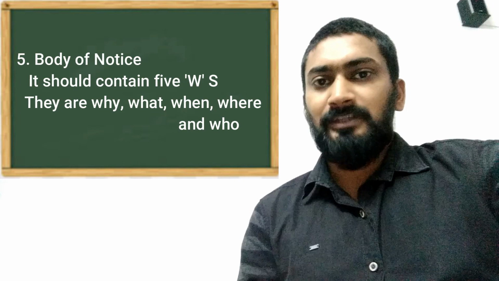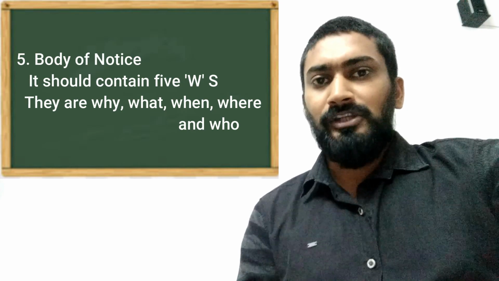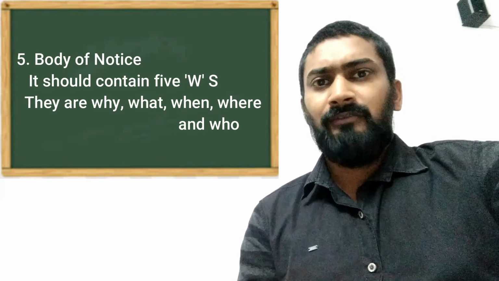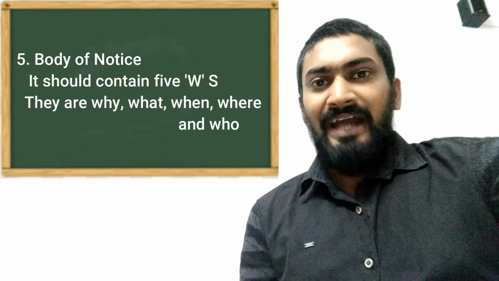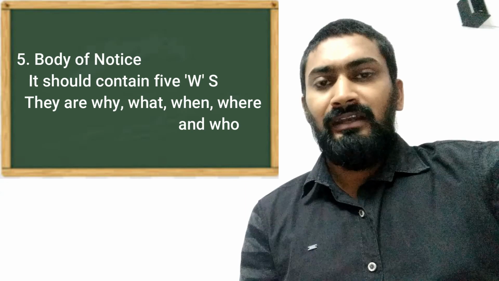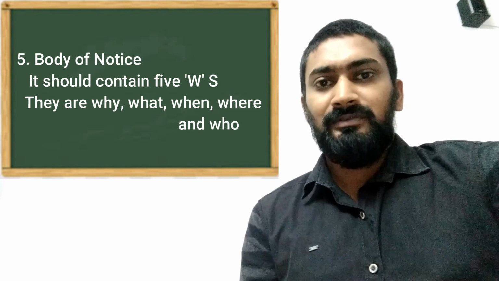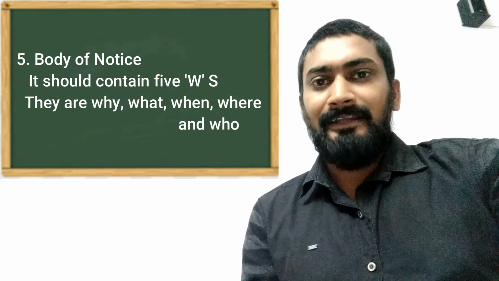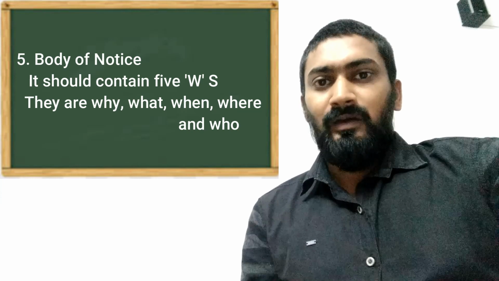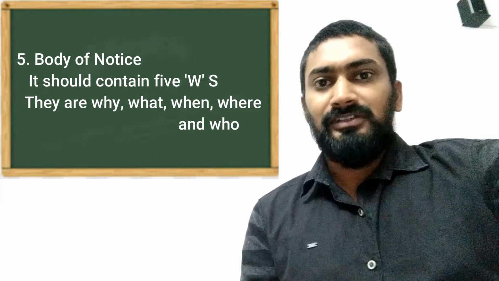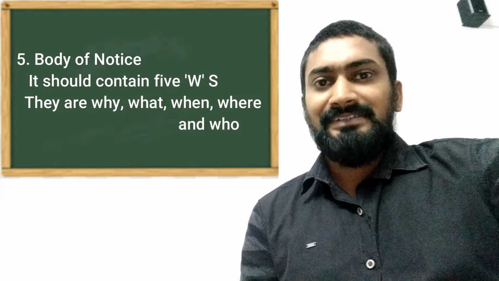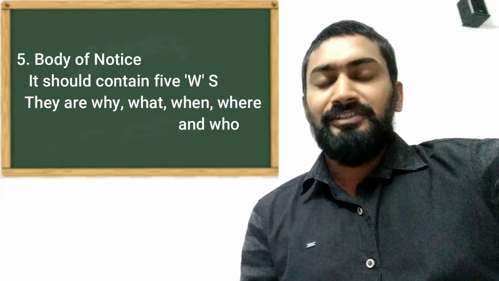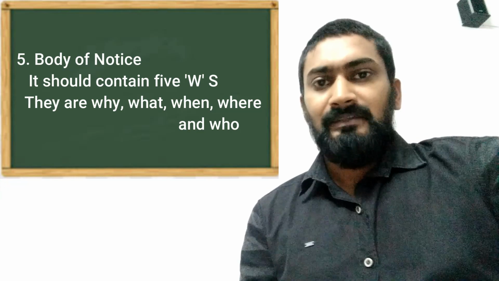Now the next point is the body of the notice. In the body, in short, we can say the 5 W's. The 5 W's mean why, what, when, where, and who. These are the things that should be clearly mentioned. Why, for what reason this notice is given, the reason should be clearly mentioned.